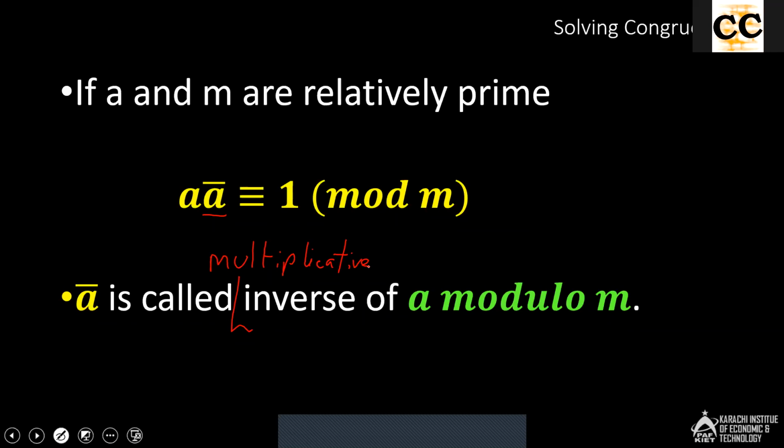We altogether skipped this topic, multiplicative inverse of A in mod M, when we were studying modular arithmetic, and we were seeing modular addition and modular multiplication, and we saw the properties of modular addition and modular multiplication.